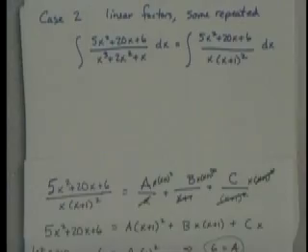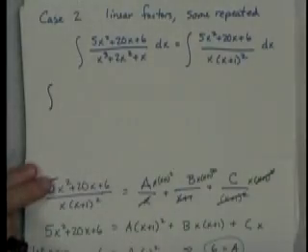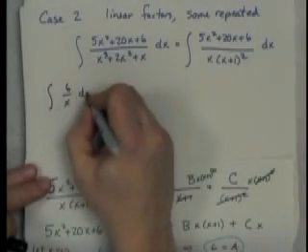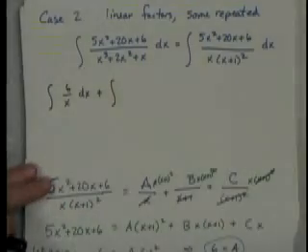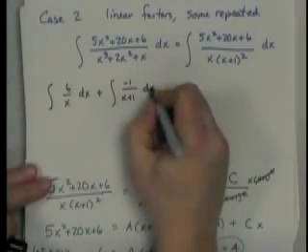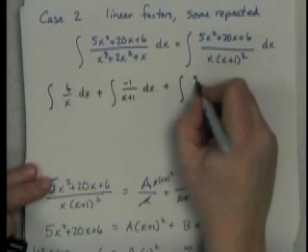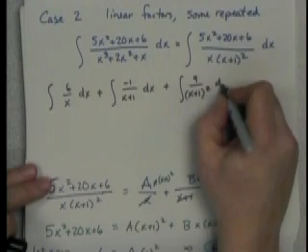So that means this integral becomes the integral of 6 over x plus the integral of -1 over x plus 1 plus the integral of 9 over x plus 1 squared.